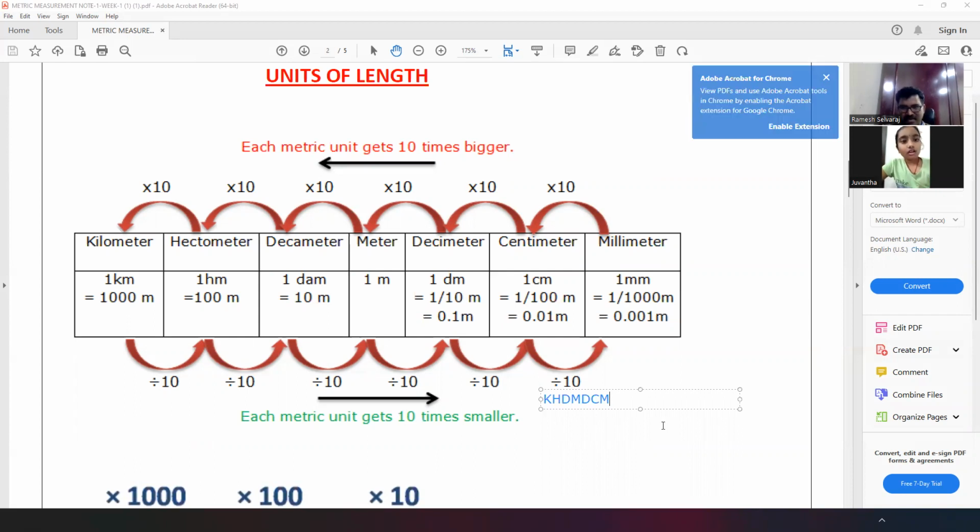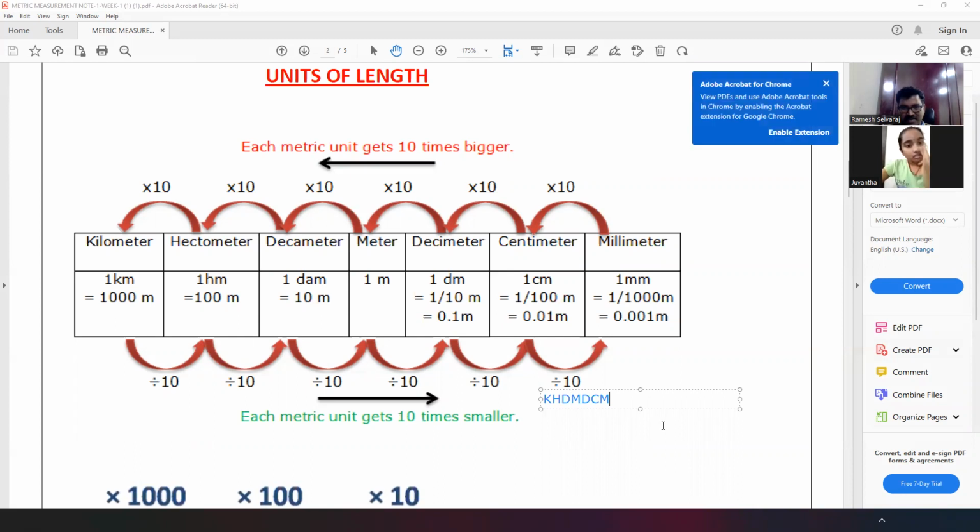That is for kilometer, hectometer, decameter, meter, decimeter, centimeter, millimeter. So we will see some acronym. Acronym means like first letters only we will remember. KH, DM, DCM. Like that we need to remember.